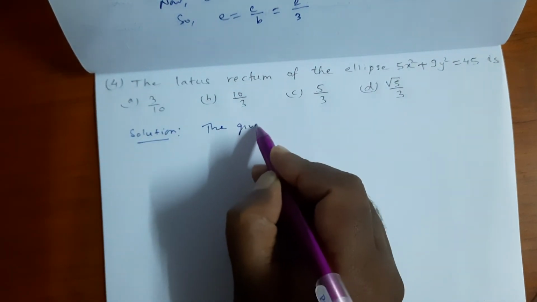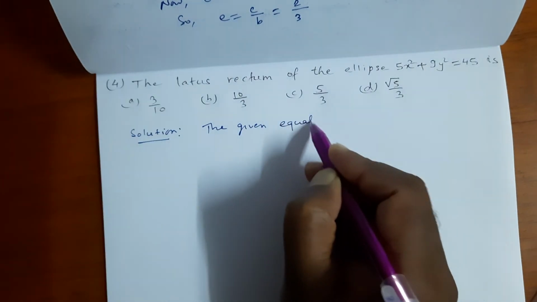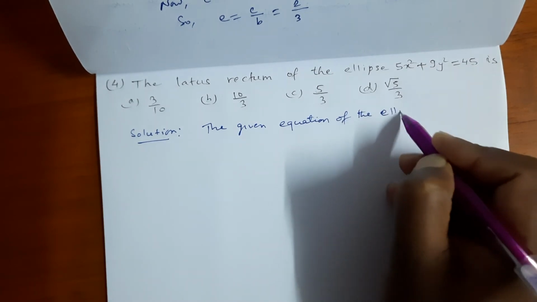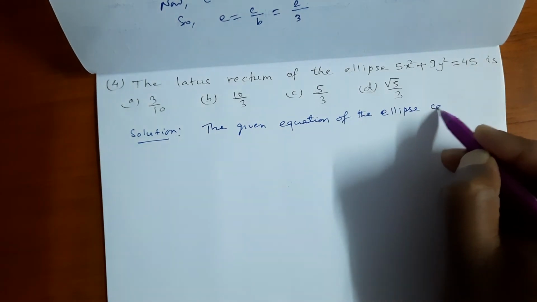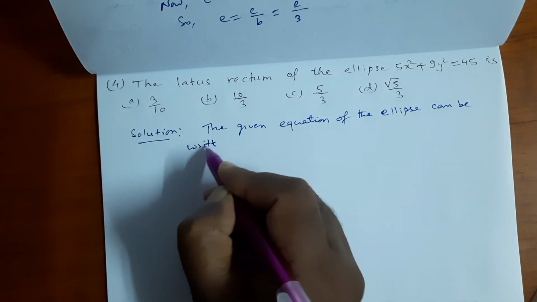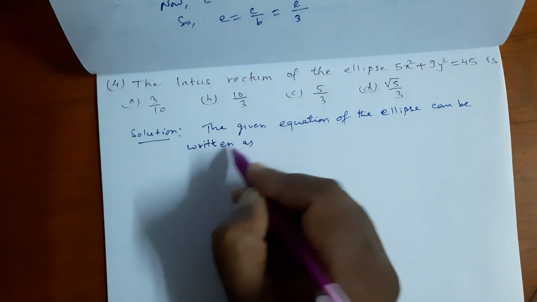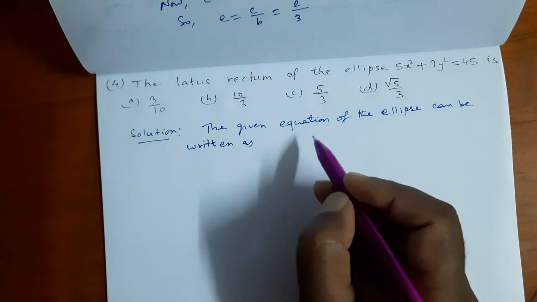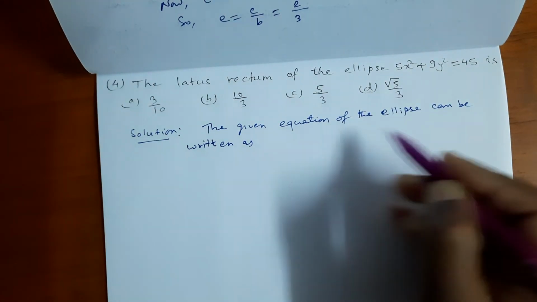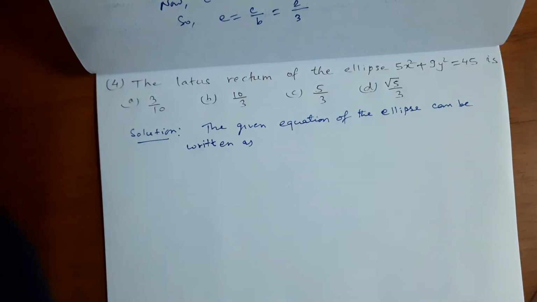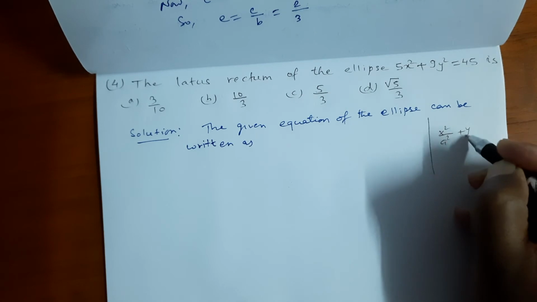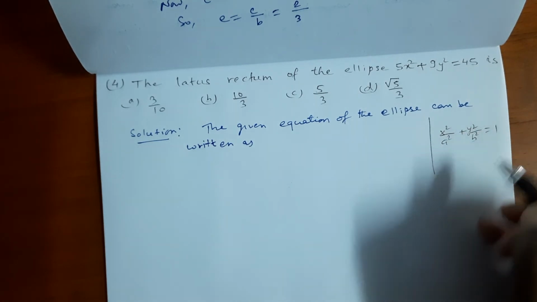The given equation of the ellipse can be written as... Here, to change it to standard form we can divide both sides by 45, because the equation of the ellipse in standard form is x square over a square plus y square over b square equals 1.